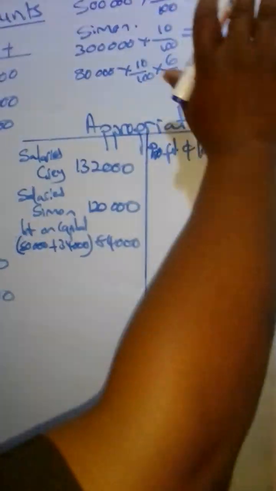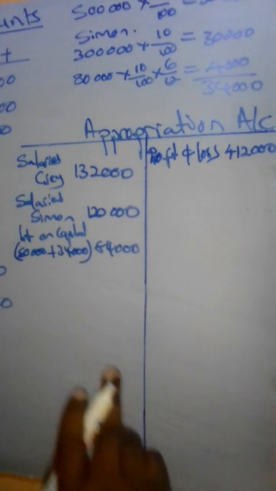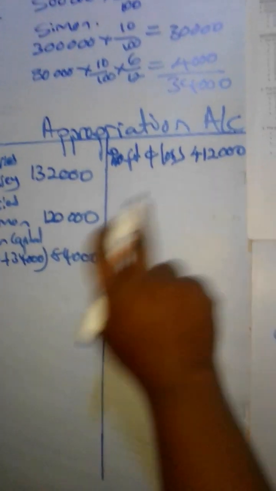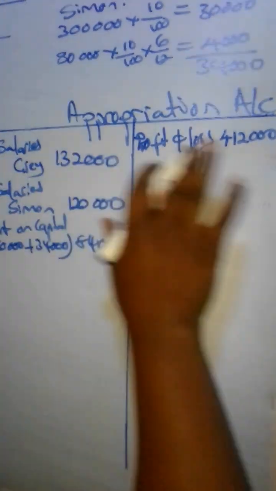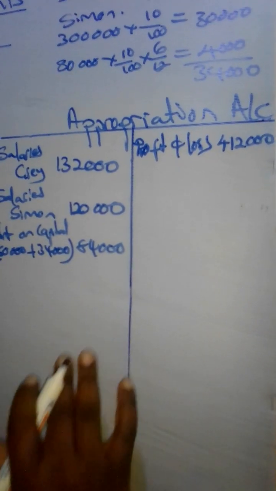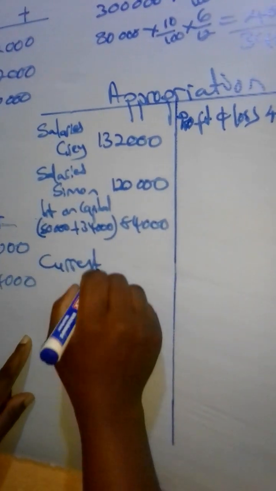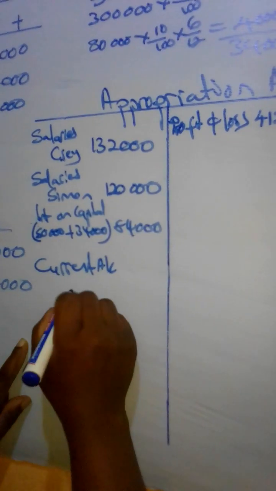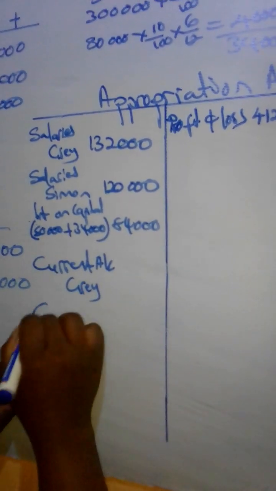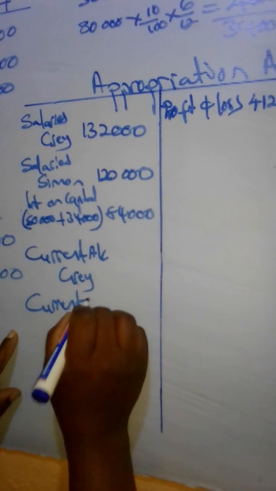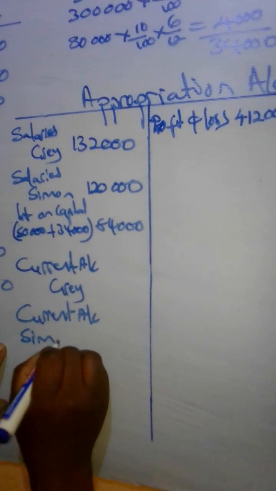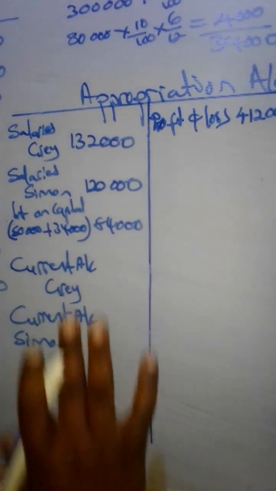So the primary distribution is done. Our next step is to say the profit and loss minus all the money for salaries and interest on capital, so that we can distribute it in the current account using the profit sharing ratio. Current account Gray, current account Simon.